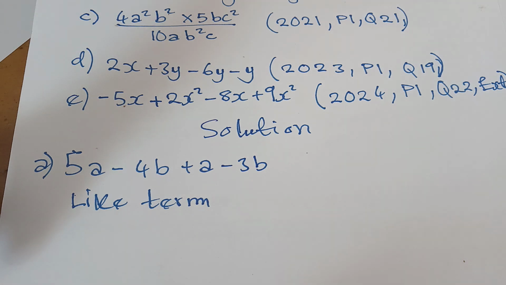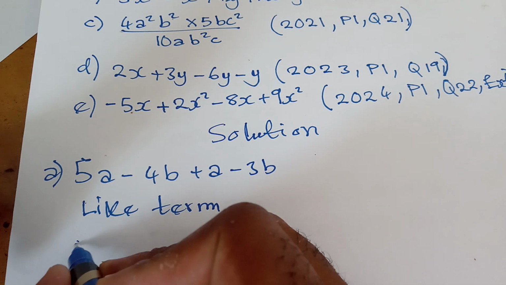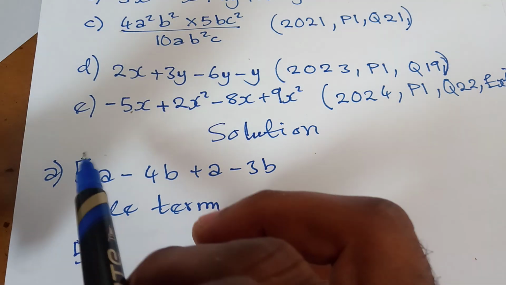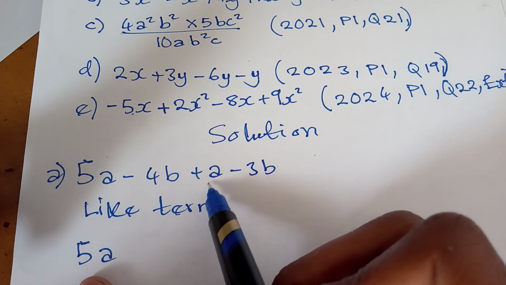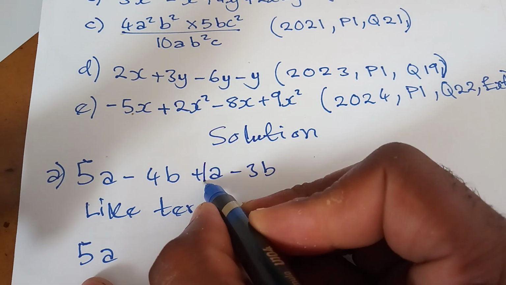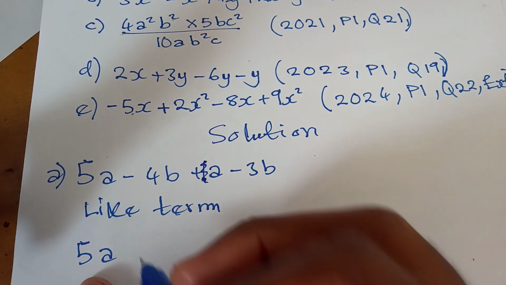And then what you have to bear in mind is if you have a positive 5 like this, write it as positive 5a and then get the other term which has an a on it. As you can see, that term is this. Remember, we don't put a 1 here because the 1 is just understood.